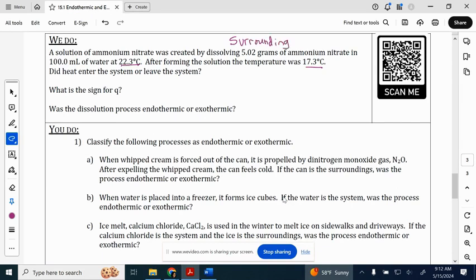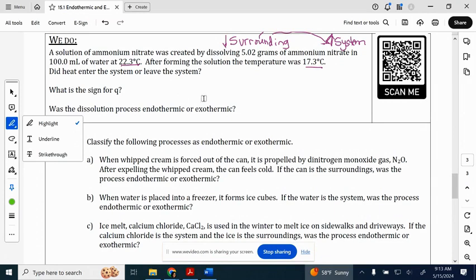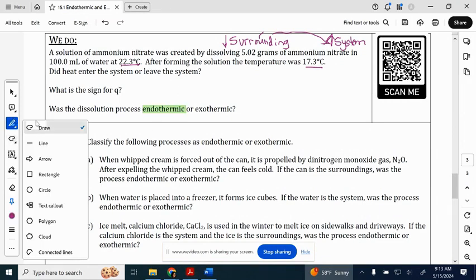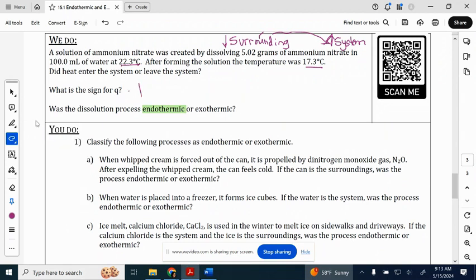So the surroundings, the temperature is going down. That means the system is gaining the heat. So the heat is going from the surroundings into the system. Endothermic, right. So if it is endothermic, then my Q sign is going to be positive.